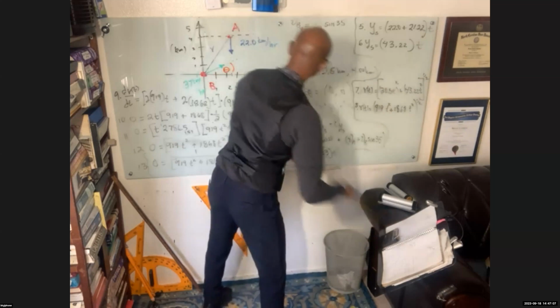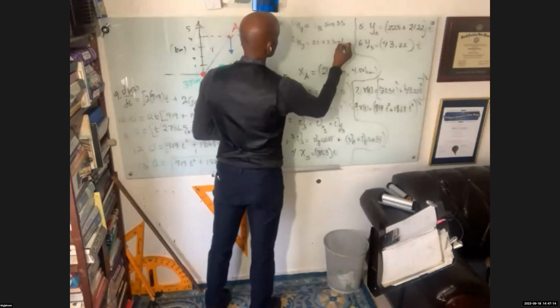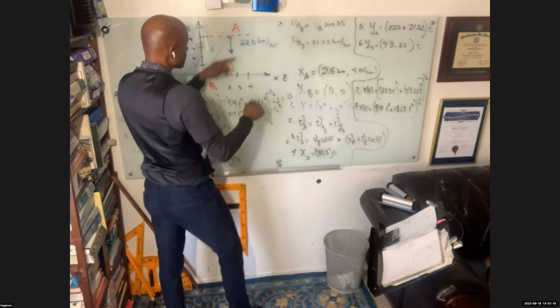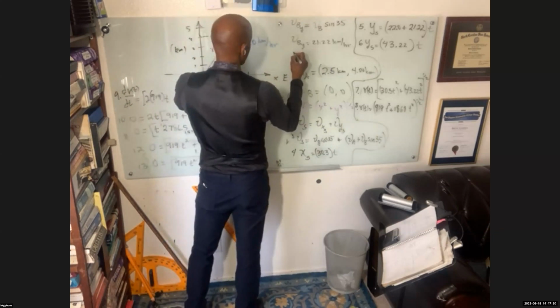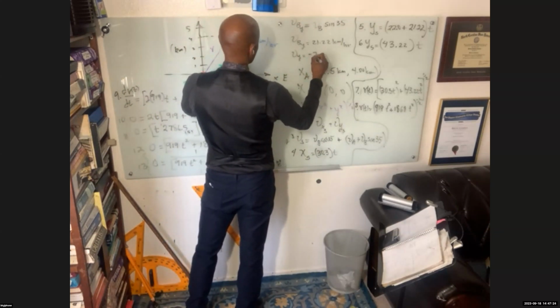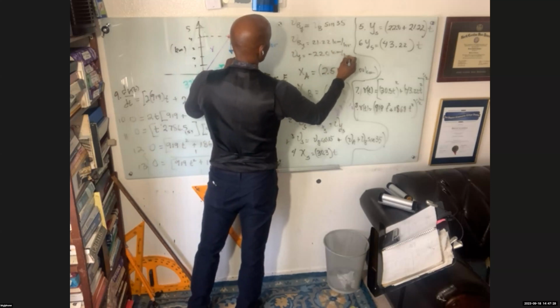So 21.22 was VBY. Absolutely. VBY is equal to 21.22 kilometers per hour. Let's just go ahead and do it, and so VAY was equal to negative 22.0 kilometers per hour.